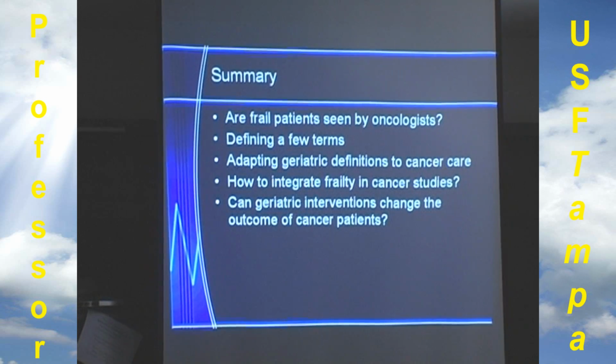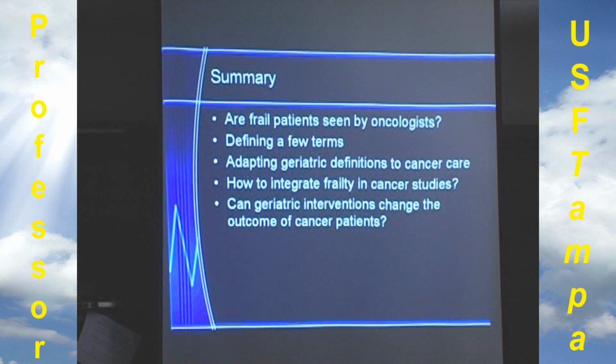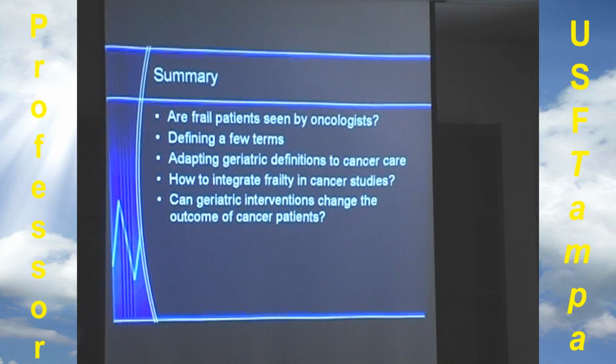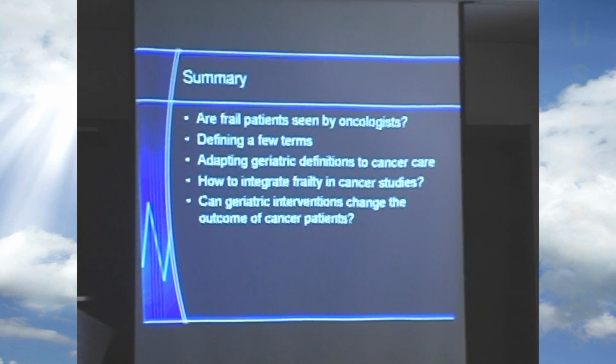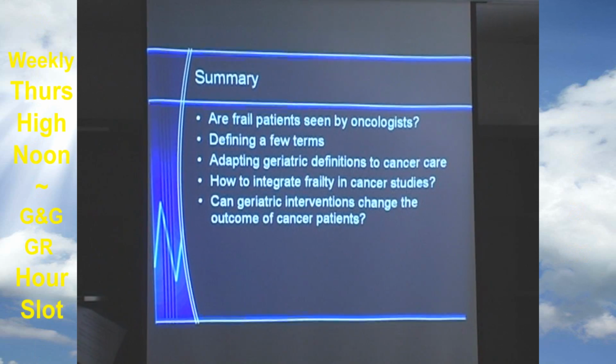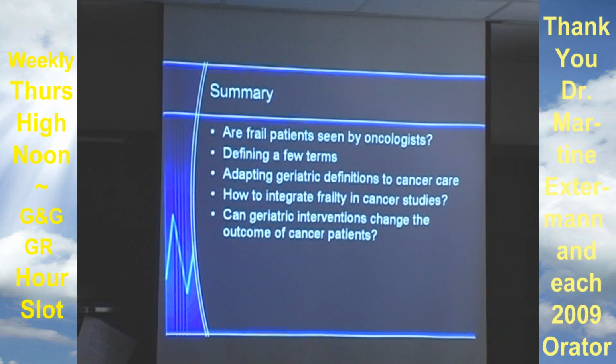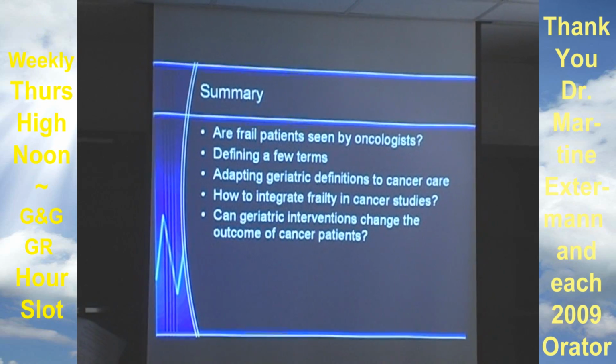And then we will see how we try to adapt geriatric definitions to cancer care as far as frailty is concerned. Then we'll look at how to integrate frailty in cancer studies. And finally, I'm going to ask what I think is the challenging question that many geriatricians don't realize. Can geriatric intervention change the outcome of a cancer patient?